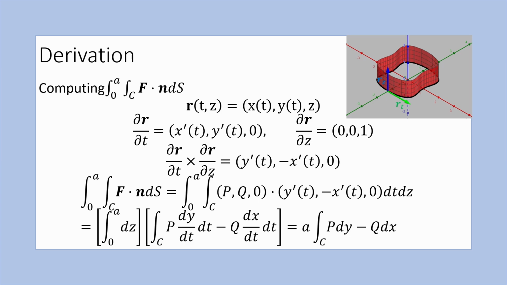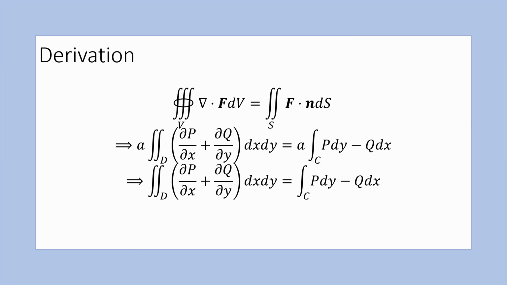So F dot n dS equals P, Q, 0 dot y prime, minus x prime, 0 dt dz, which equals P y prime minus Q x prime dt dz. Finally, the integral we need equals A times the integral of P dy minus Q dx over C.